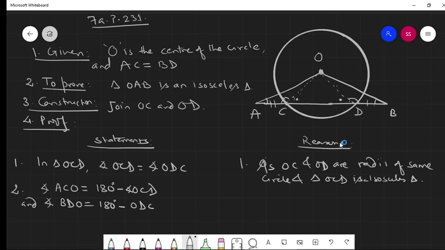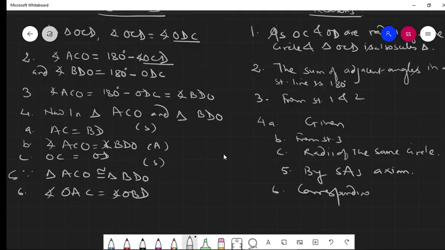This is corresponding angles of congruent triangles.